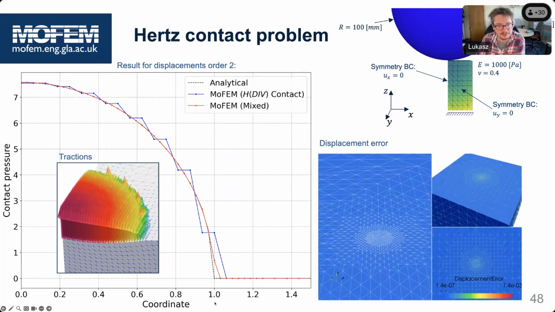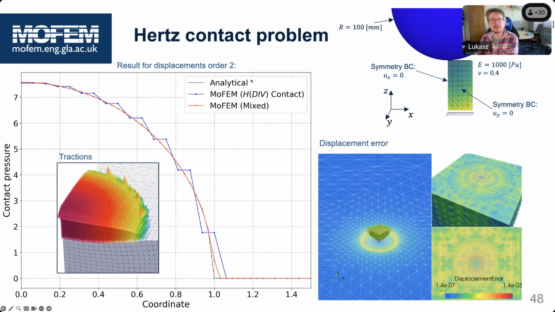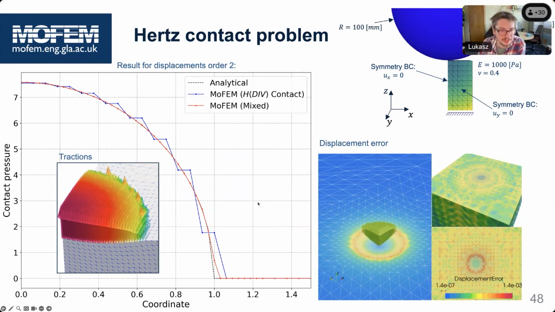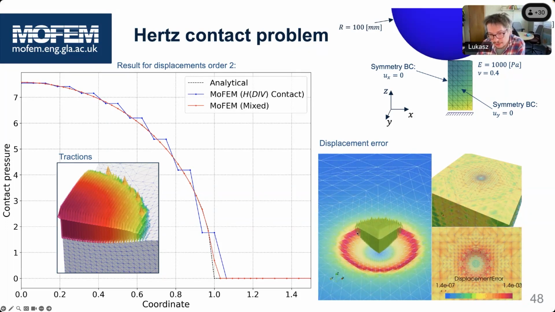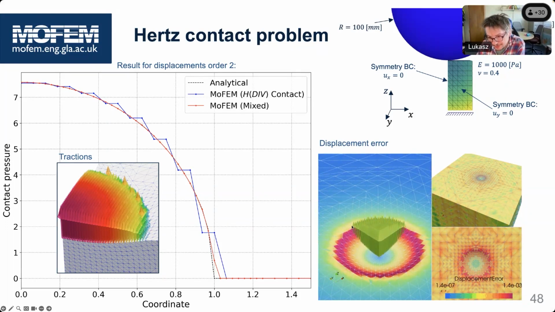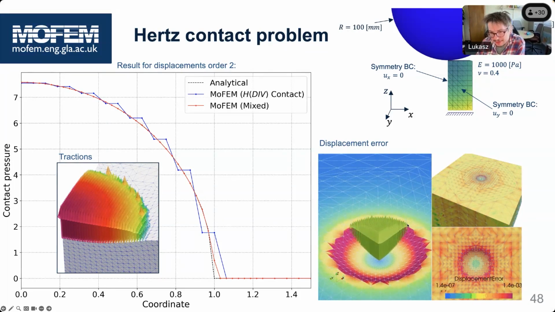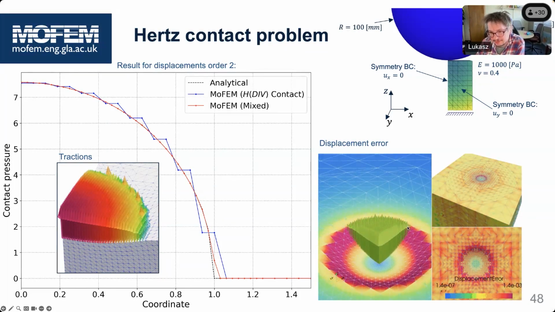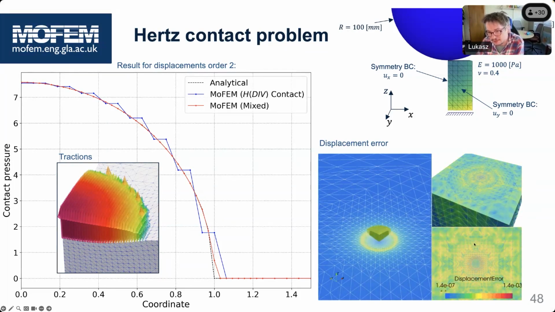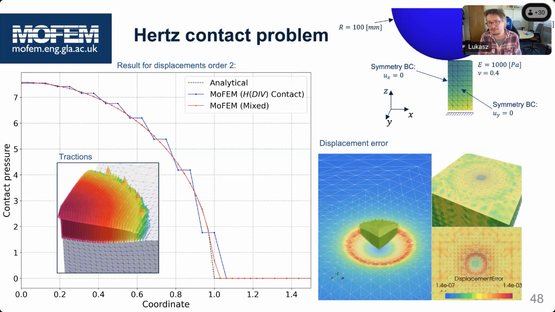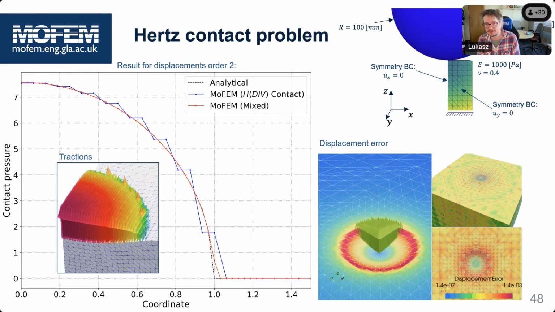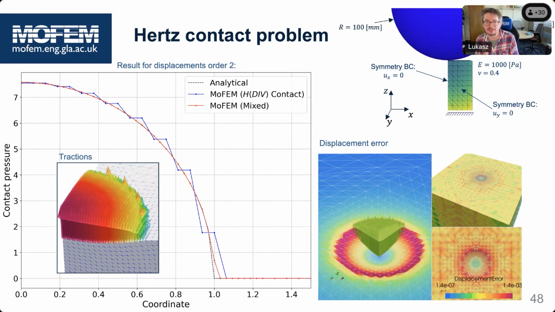The H-div space, with second order displacement and third order tractions, gives us this beautiful solution with stable traction evolution. And the cherry on the top is that this projection on H1 space automatically provides the information about the approximation order on the displacements.